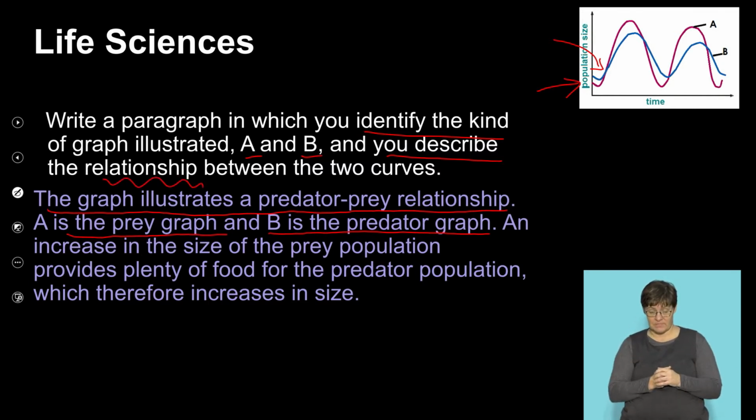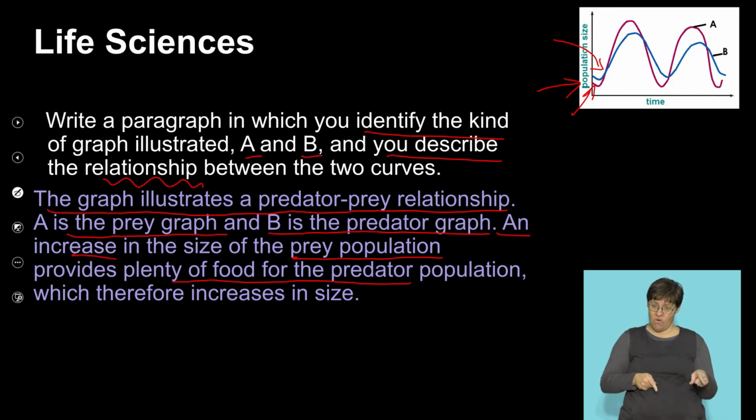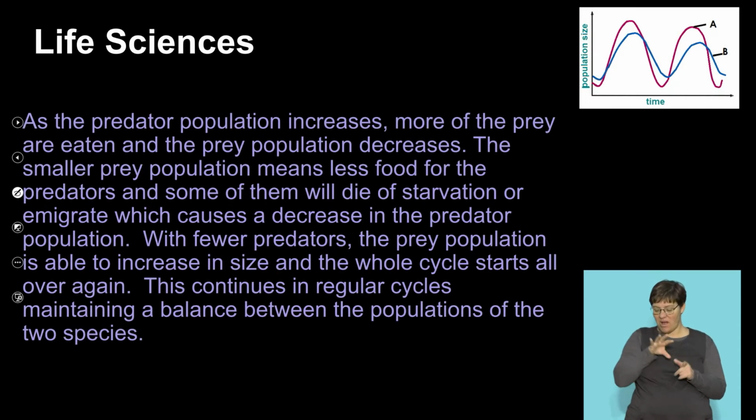So let's get on to that one. An increase in the size of the prey population, so an increase in the pink graph, provides plenty of food for the predator population, which therefore also is going to show an increase in size.